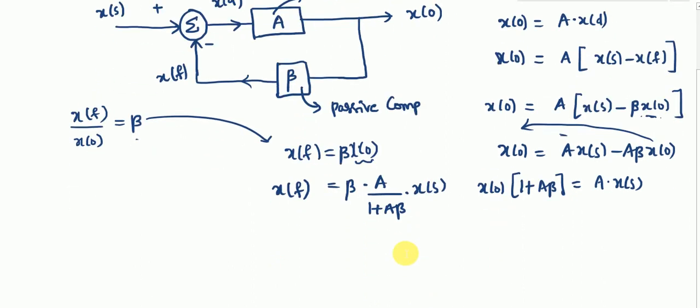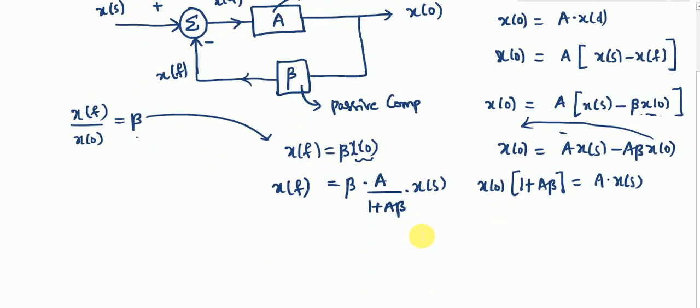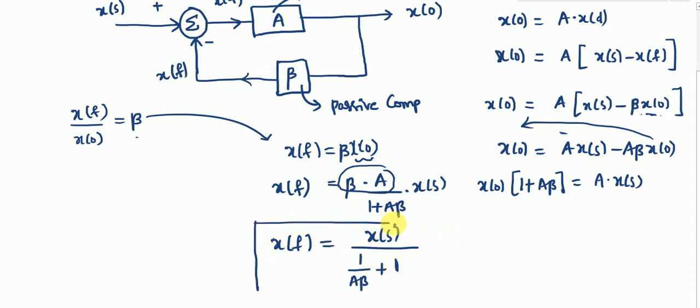Please follow each and every step so that it will be easy. Now from this, you divide the numerator and the denominator by A beta, so it will be X of S by 1 by A beta plus 1. So we will end our discussion of the math analysis.